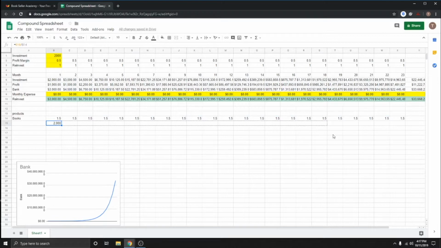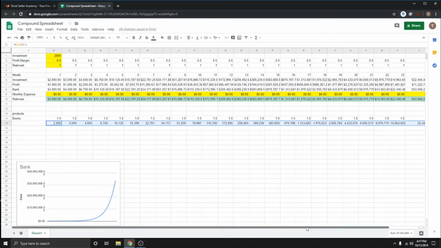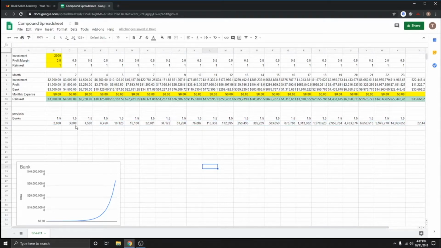This is the scale growth of reinvesting 100% and how many units you really need to get to achieve that. Look at that. For the first month, 2,000 books. For the second month, 3,000 books. For the third month, 4,500 books.